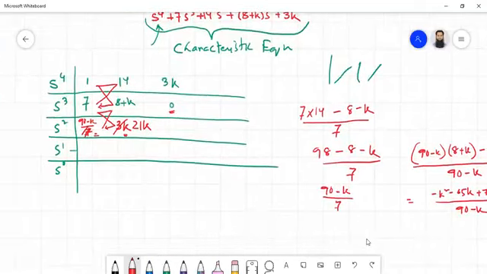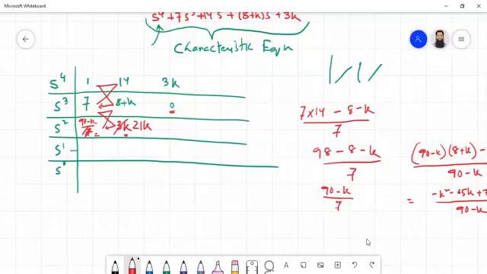So put it here: minus k square minus 65k plus 720, divided by 90 minus k. And this value is definitely going to be 0, and this one will be coming here, 21k.